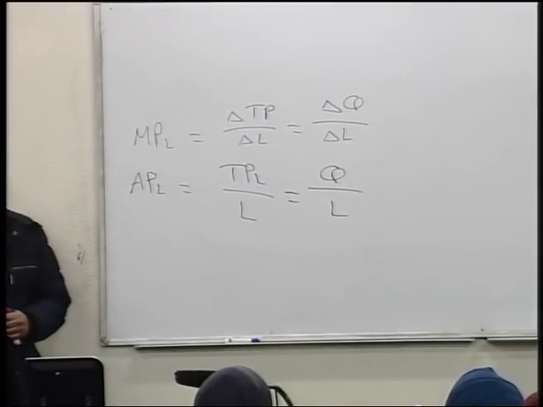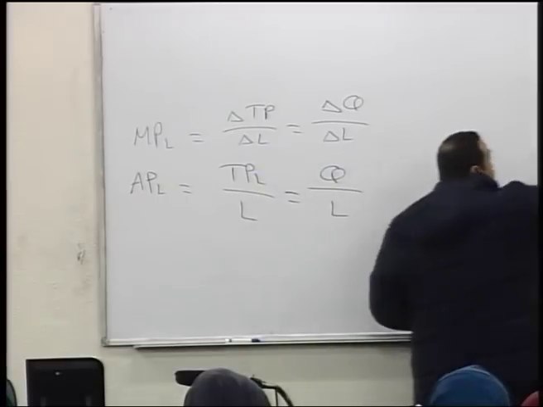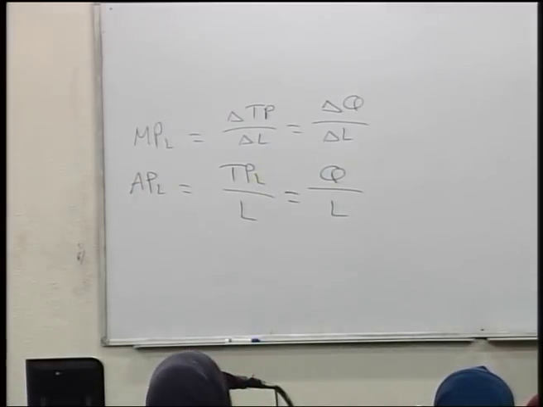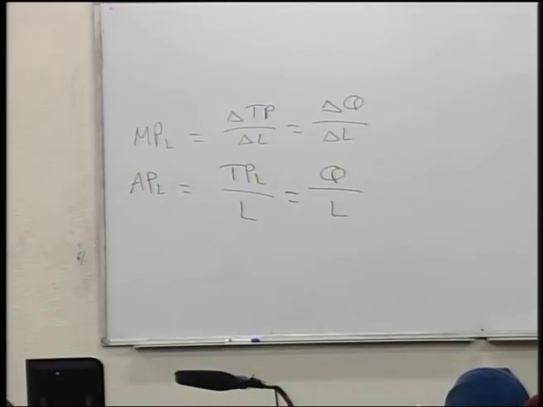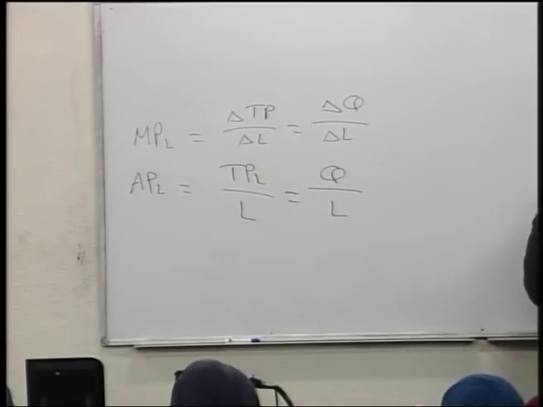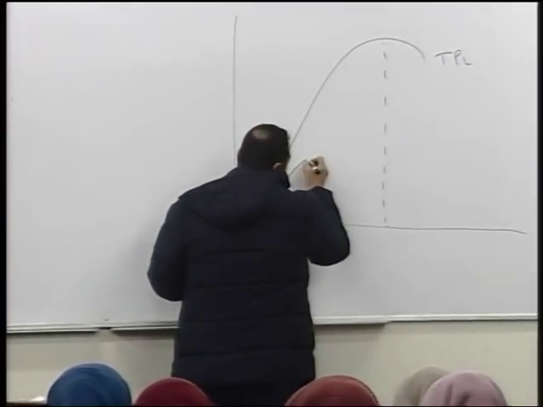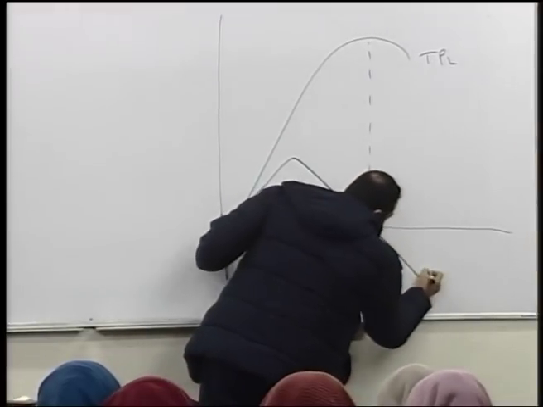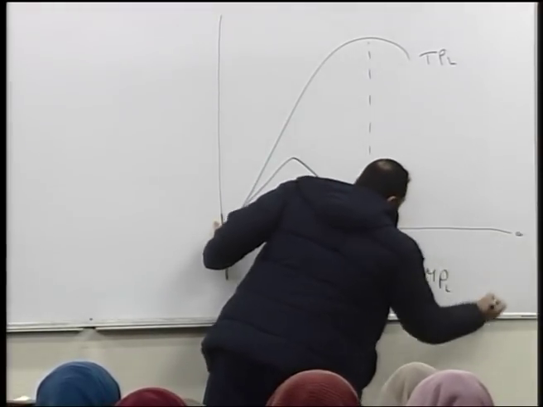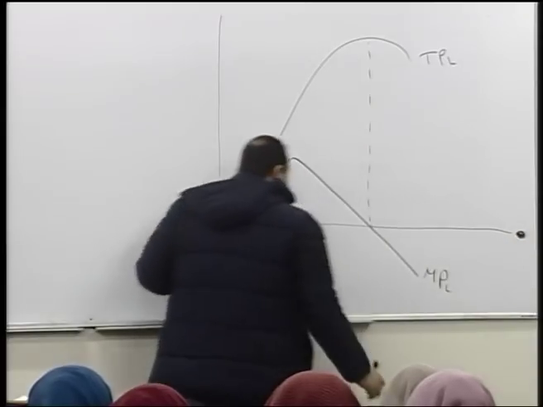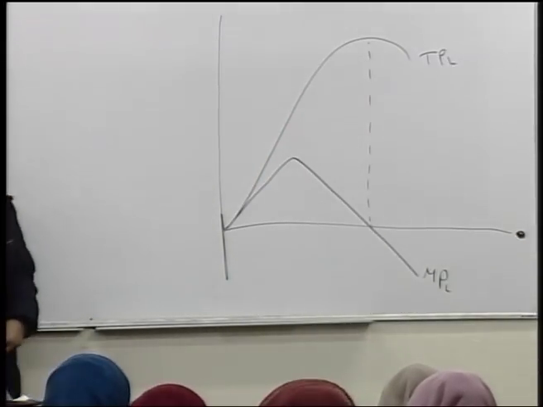Right? And we had the following graph, which has been derived from the data, the last schedule. Here is the total production of labor, and here is the marginal production of labor, MPL. Here's the zero. In the horizontal axis, we have the number of workers.